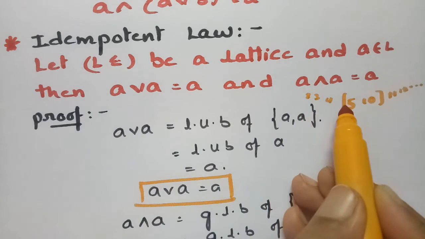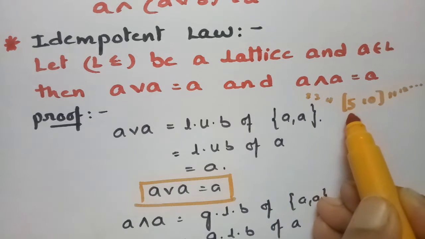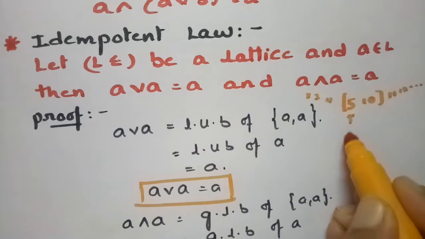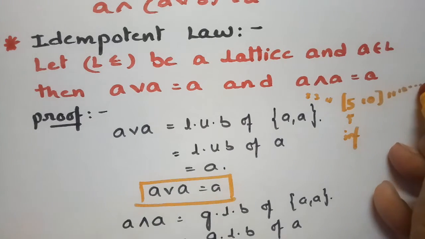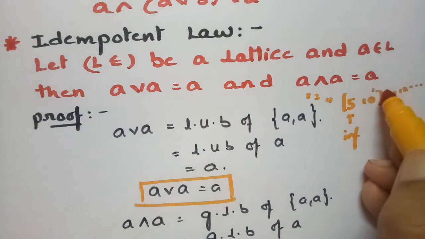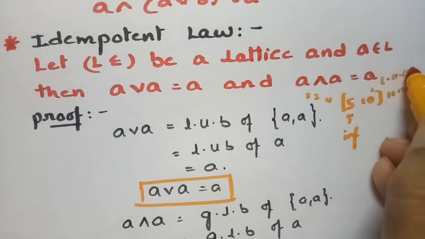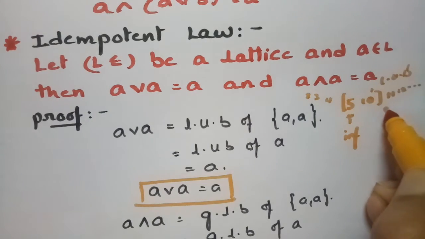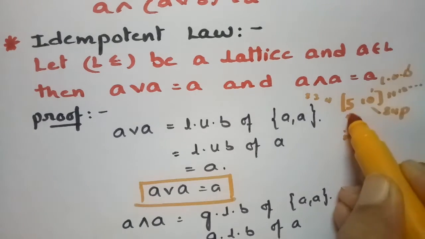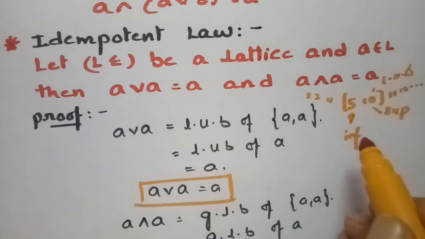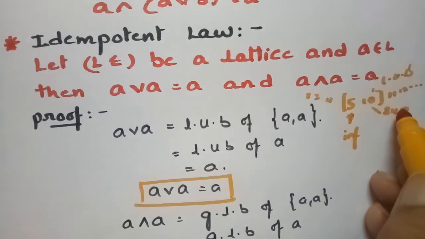Out of all these lower bounds, the greatest lower bound is the infimum, and out of all these upper bounds, the least one, the least upper bound, is the supremum.